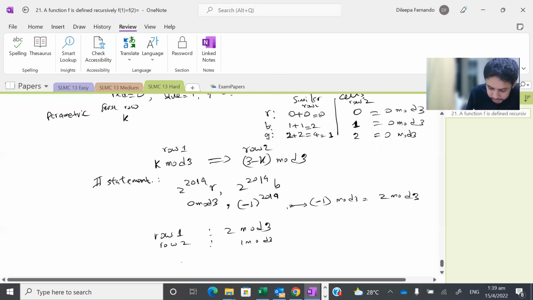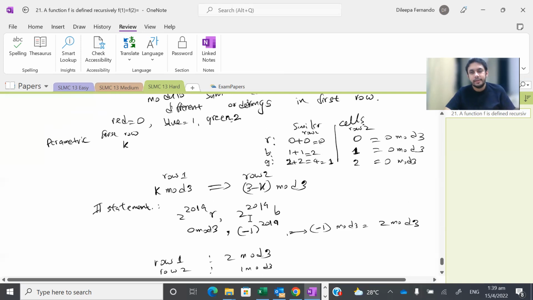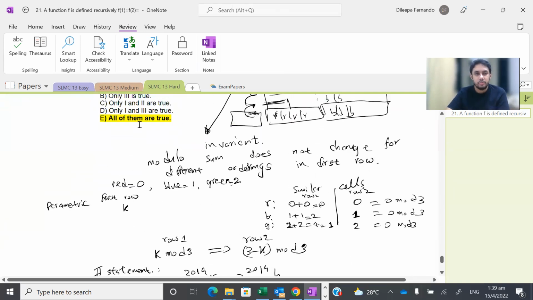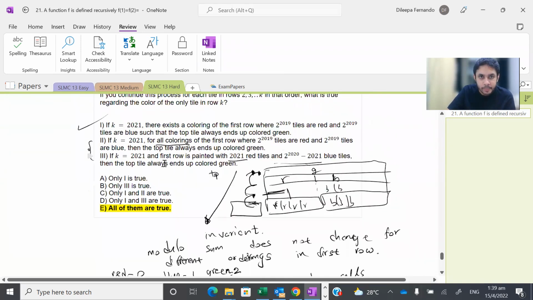Odd number of rows. All the odd rows have 2 mod 3. So row 2021 also have 2 mod 3. 2 mod 3 means green. So this is true. So can you see how we approach this?